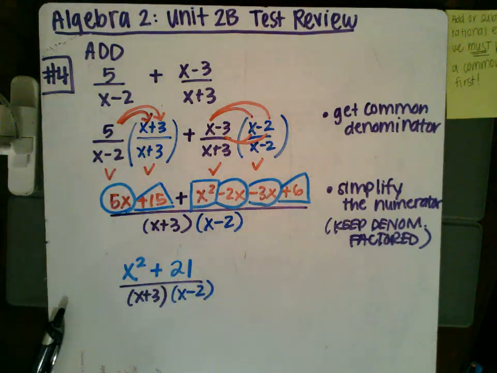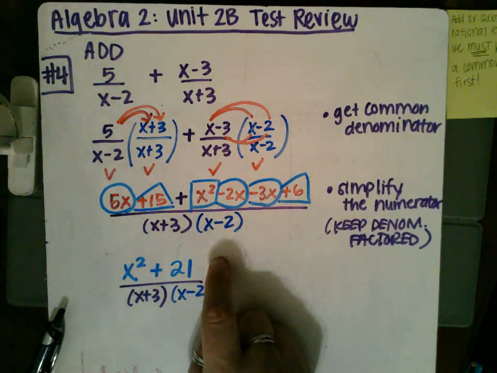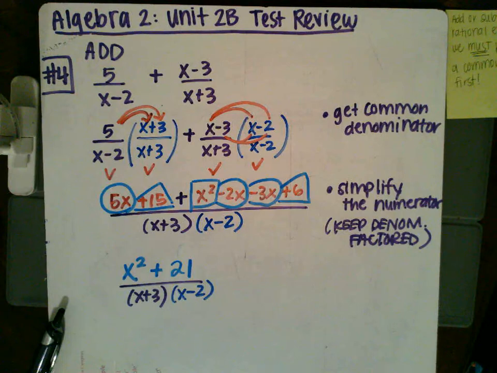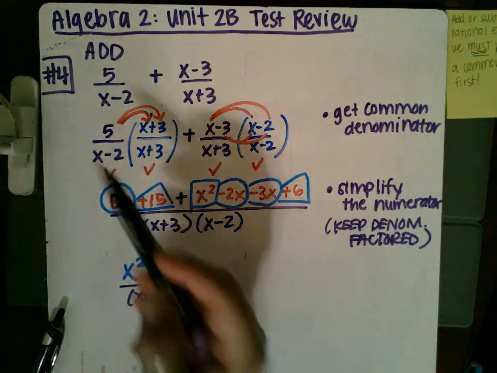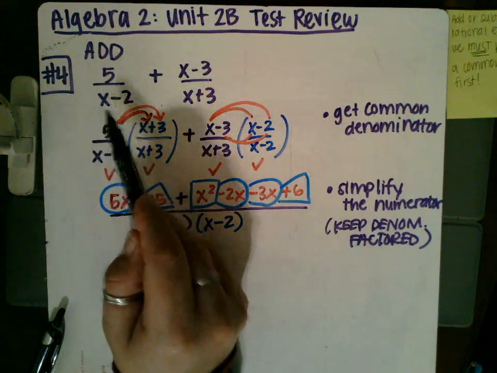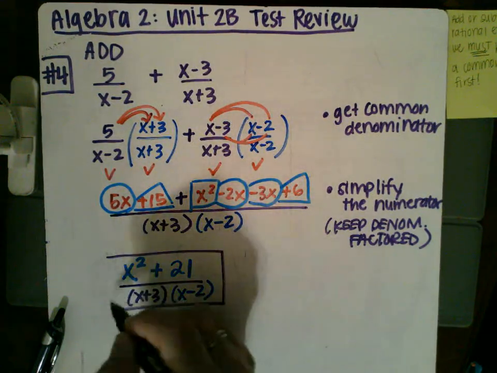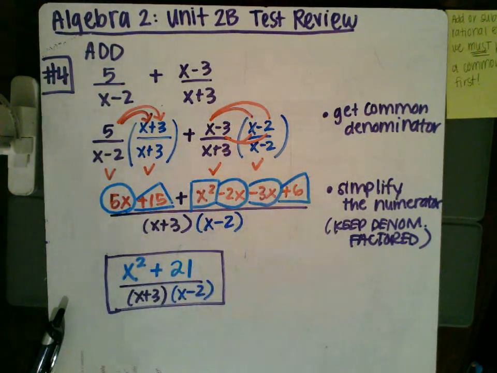And I can't go further. This is not a difference of squares. There's nothing to factor. Nothing is going to cancel. So for my final answer, I would say that 5 over x minus 2 plus x minus 3 over x plus 3 is equal to x squared plus 21 over x plus 3 times x minus 2.